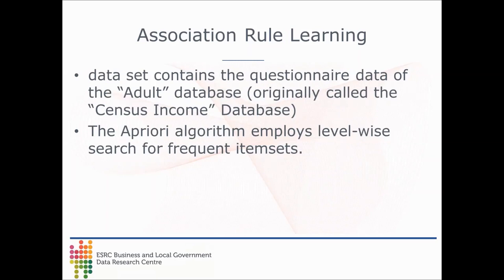And what I'm going to do is look at the Apriori algorithm and how that works as an association rule learning function for this data set, so that we can try and identify frequencies within the actual data itself.